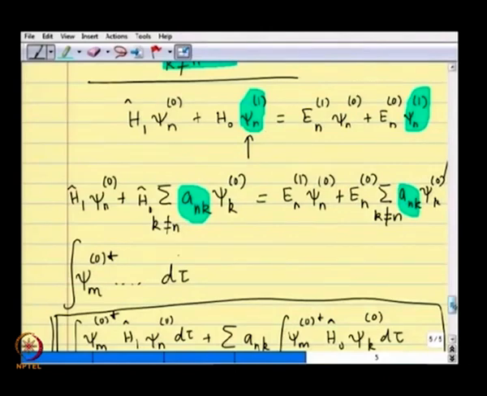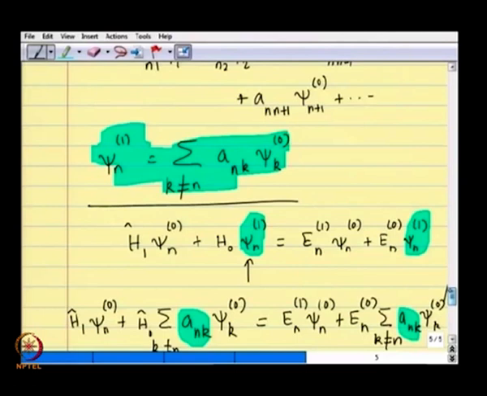So, if you recall, the series for the first order correction to the wave function psi n1 was written as a linear combination of all wave functions which are eigenfunctions of the perturbation free Hamiltonian, with linear combination coefficients a_nk, where k takes all the values other than the value corresponding to the nth eigenfunction.